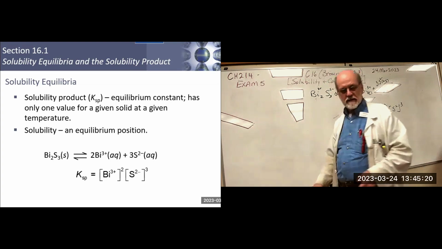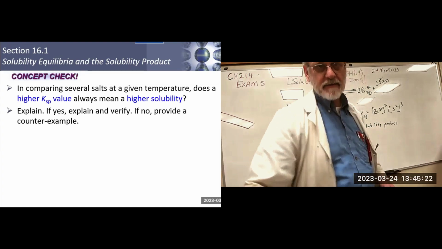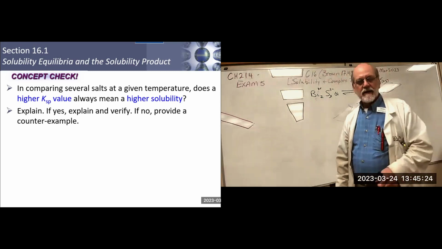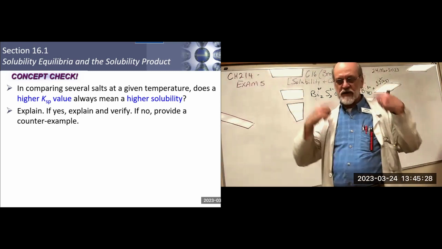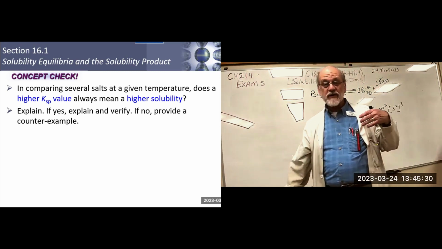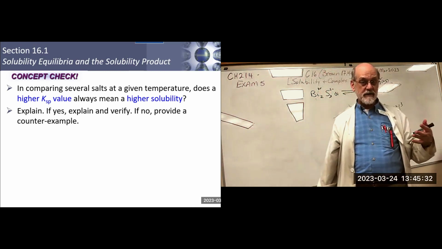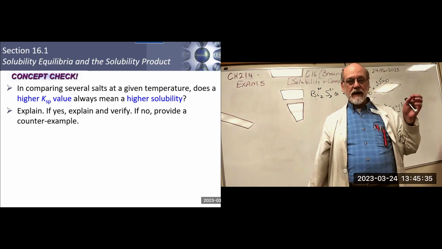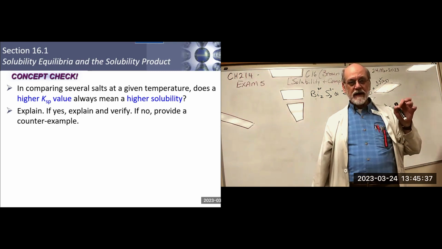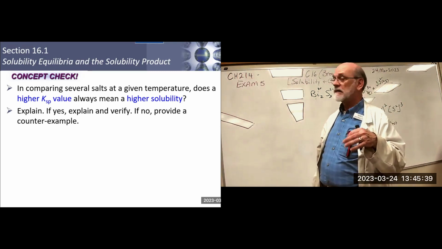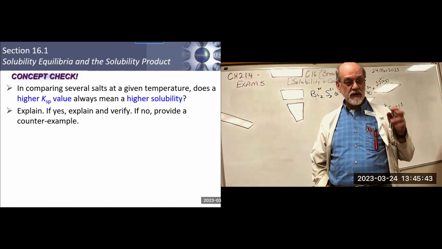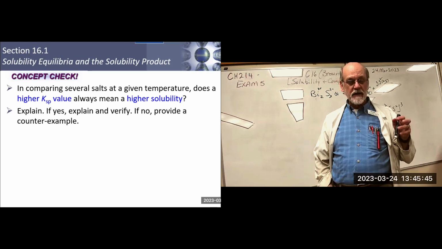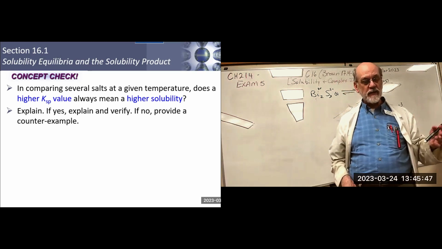All right, so let's move ahead. This is just a check to see if it sunk in. If we compare several salts at a given temperature, and they have different KSPs or solubility product values, does that always mean a higher solubility?